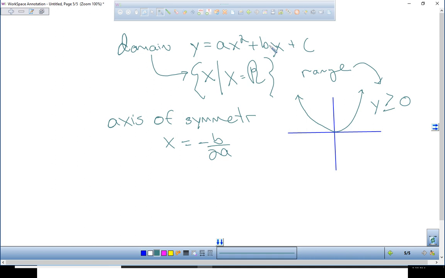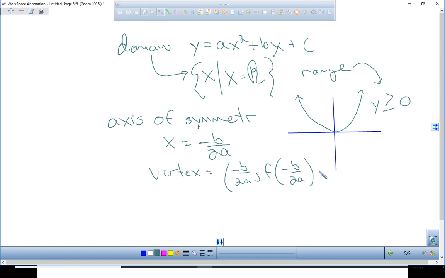So if this is the general form of the quadratic function, the way you find the axis of symmetry is x equals negative b over 2a. And the way you find the vertex is f of negative b over 2a, right, you plug it in. So the vertex for any parabola in general form is given by x is negative b over 2a, and y is f of negative b over 2a.